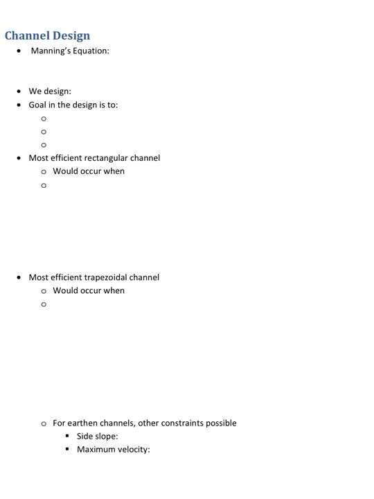Okay, so in this lecture, we're going to be talking about channel design. And for this, we're going to go back to the concept of uniform flow. Whenever we design a channel, we're designing it for the uniform flow case. Later on, we can get to cases where we might not be in uniform flow and how we might change the channel then.